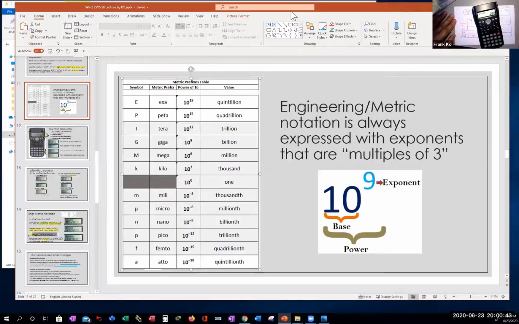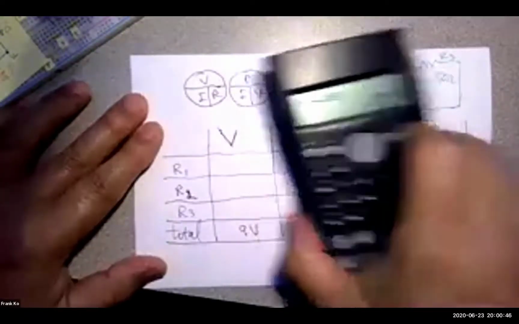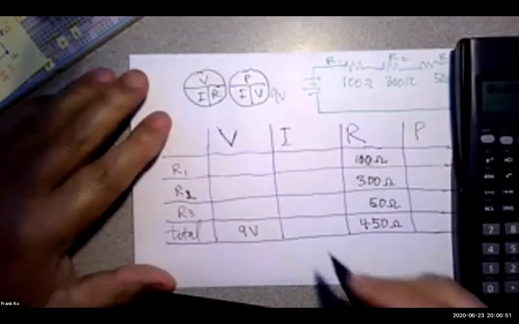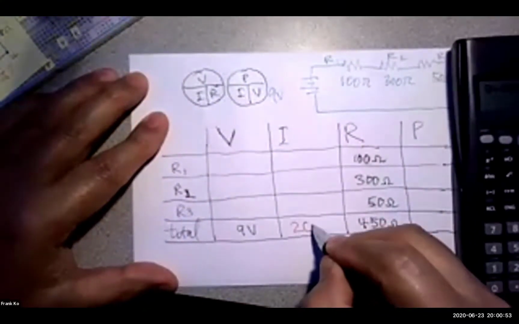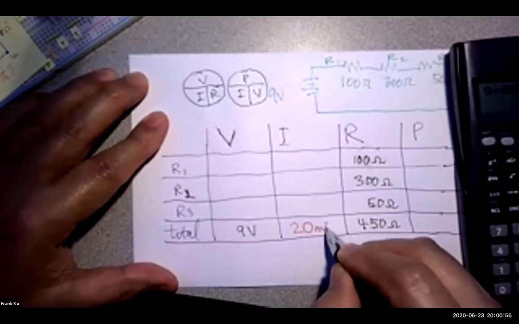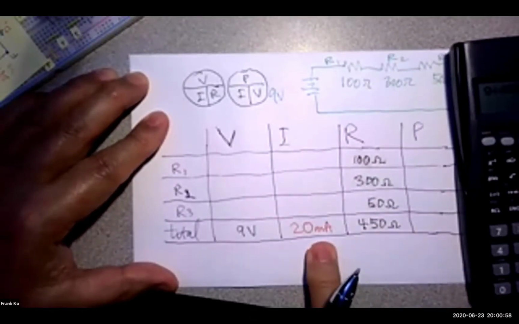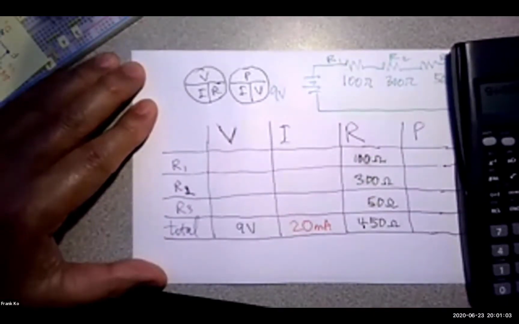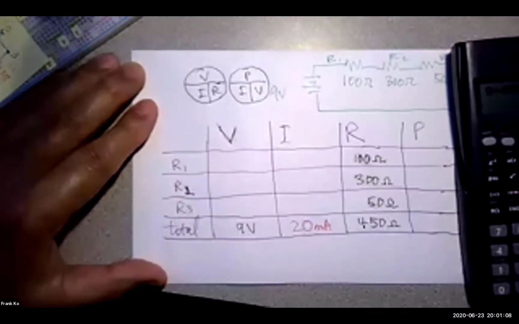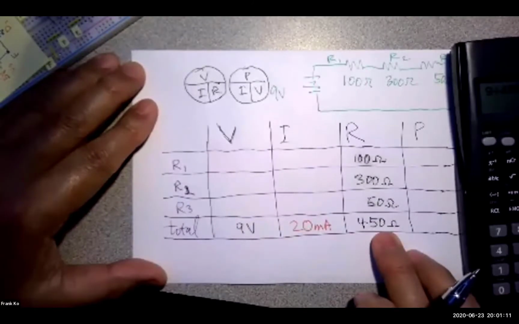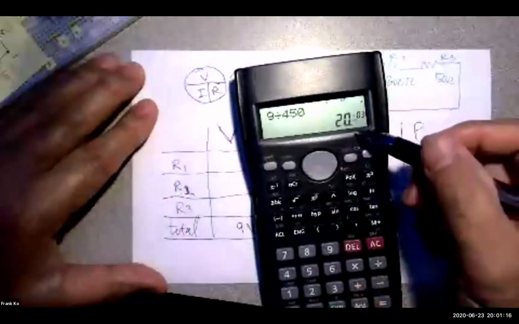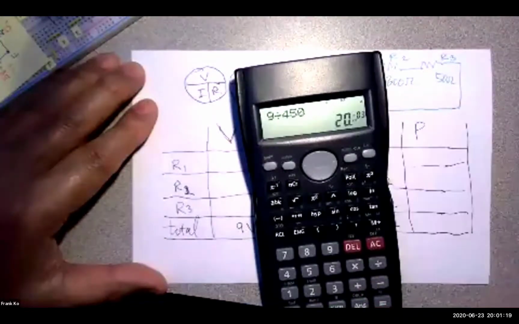That means, my friends, on this sheet and my calculator, I'm going to write this in as 20 lowercase m, capital A. That works out to be 20 milliamps. Everybody say that. 20 milliamps. Okay? So 9 divided by 450 gave you some odd decimal number. You hit the engineering key, and voila, it gives you 10 power negative 3. Are we good with that so far?